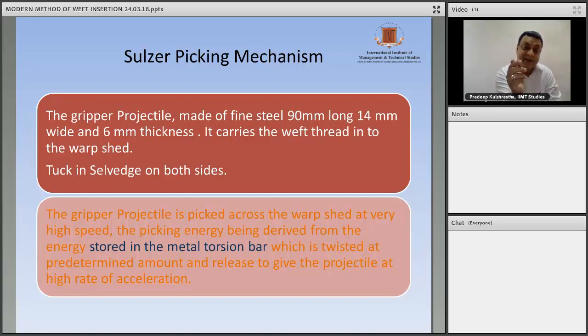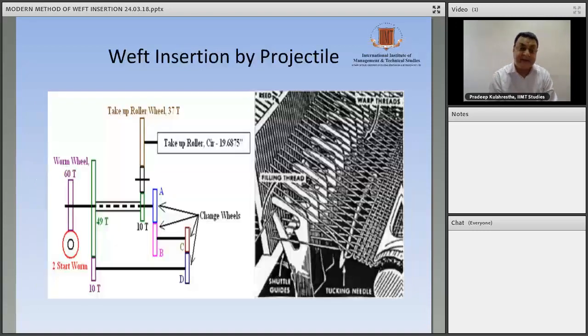Suppose 300 rpm: in 1 minute, the cycle takes place 300 times. So this lever is operated by a very sophisticated torsion bar. For 300 rpm, for example, this torsion bar will twist or untwist 300 times. So this is the heart of the Sulzer machine.